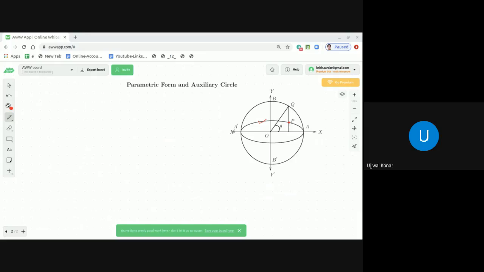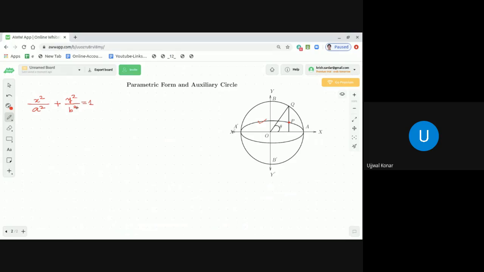So what is the equation of that ellipse? The equation of the ellipse is x square by a square plus y square by b square equal to 1.